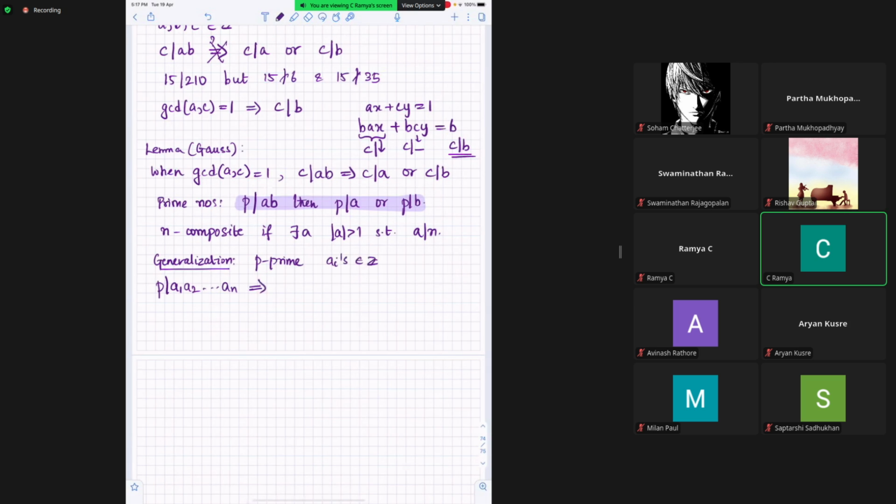Then can we prove a generalization of what we have for this case? Can we say that P divides A1 or P divides A2? Is this true? Can someone say why this should or not be true? I put a question.